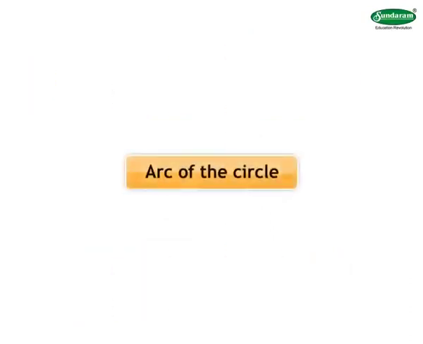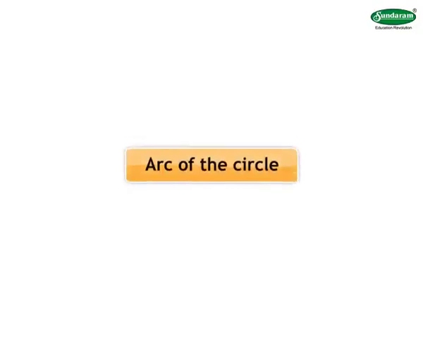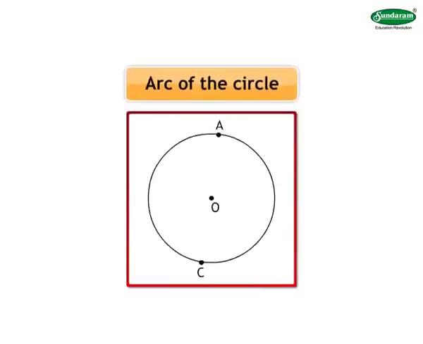Let's see about arc of the circle. Look at the figure of the circle. A and C are 2 points on the circle. These points divide the circle into two parts. Each part is called an arc. Arc AC does not specify which arc we are talking about.